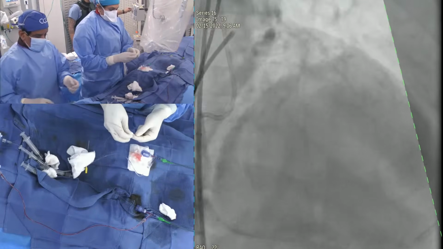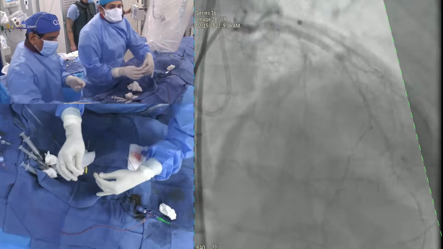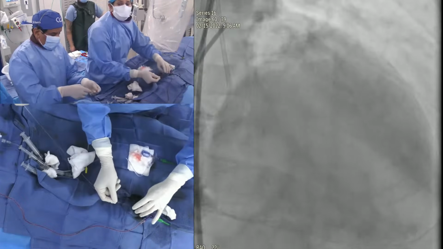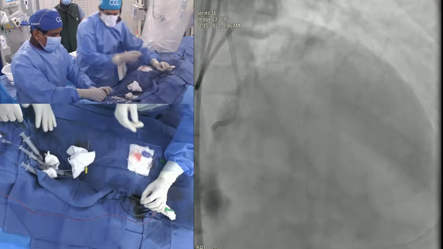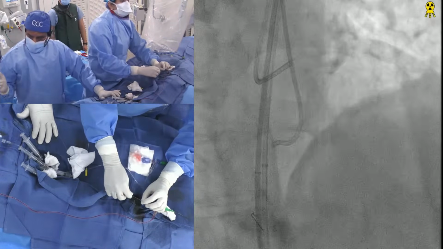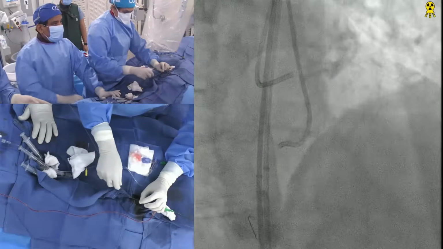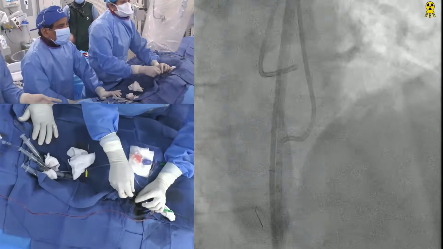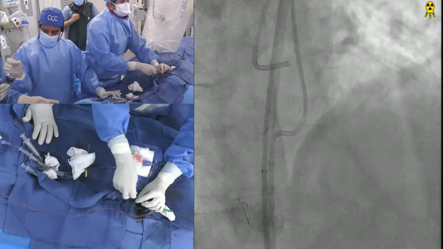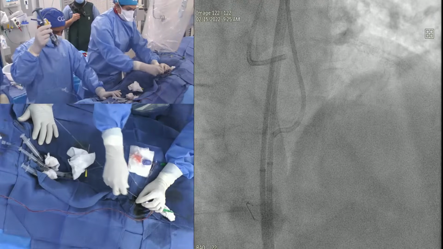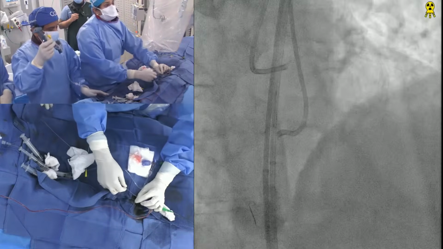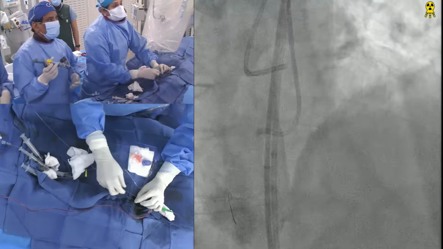Now we are putting a 2.0 balloon to open the strut ostium. Get a 330 wire if we cross. So what we did was a balloon anchor to take it out.